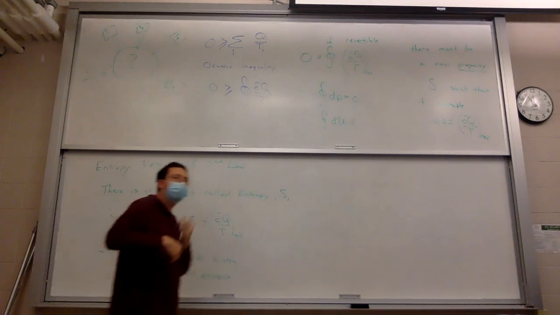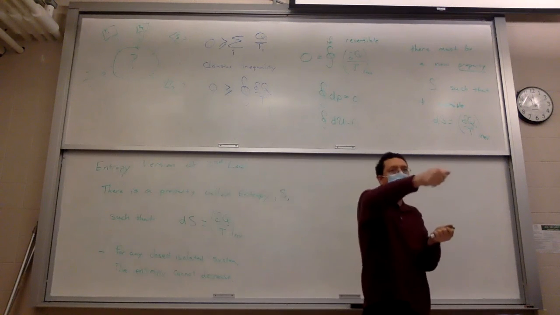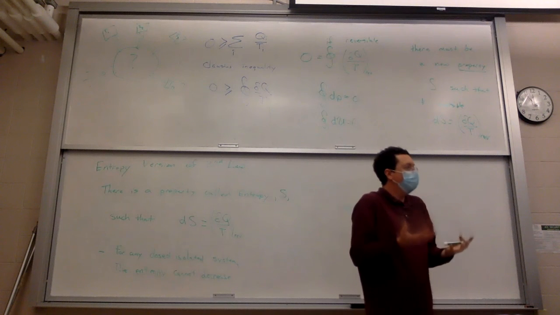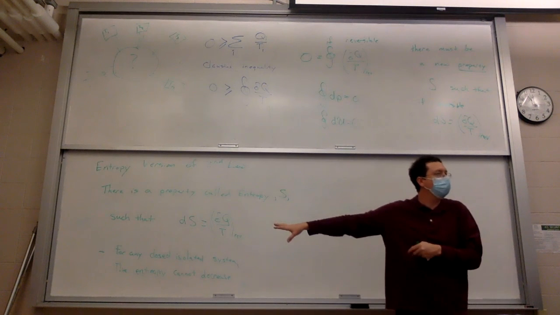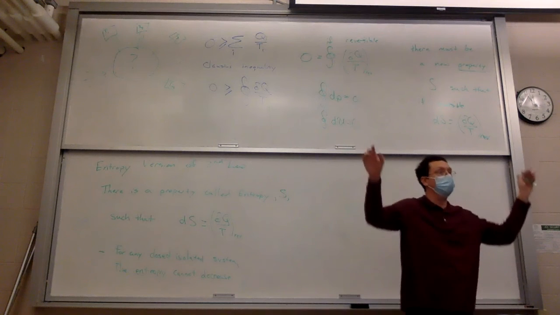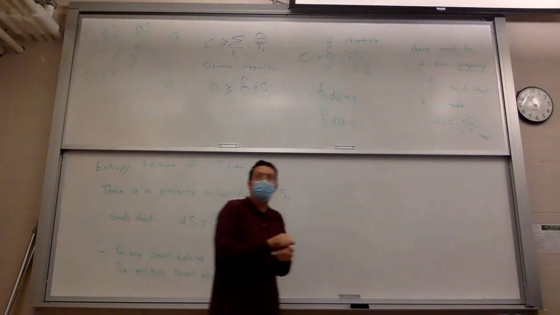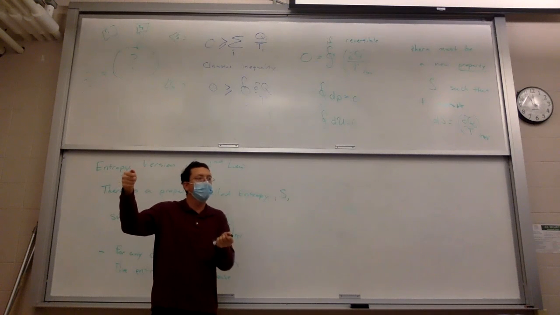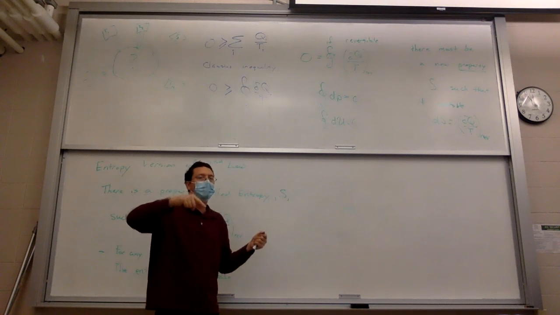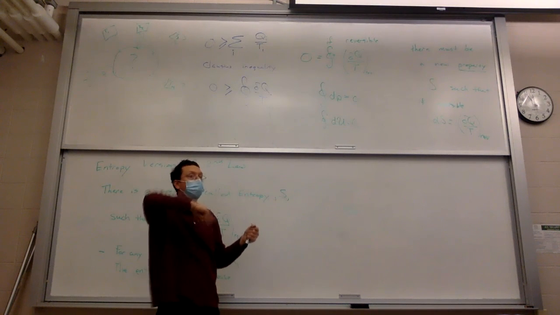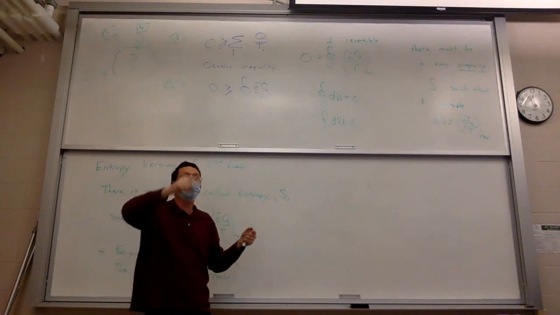Then you come back at a later date, open that box, and ask, what's the entropy of the system? Even if it wasn't in a cycle, it could just be wandering around doing whatever. The entropy at the end will never be less than it was at the start. It could be equal, but it will never be less than.